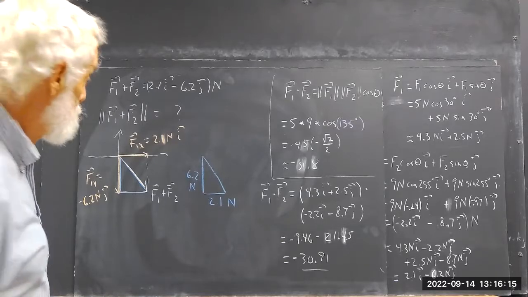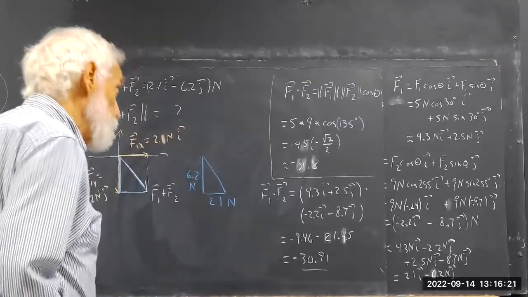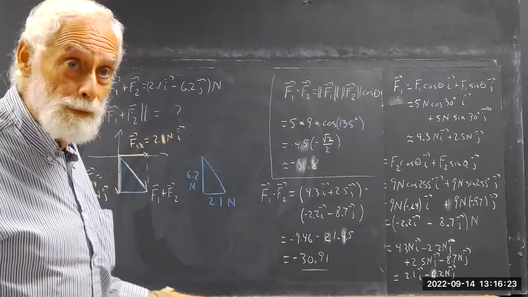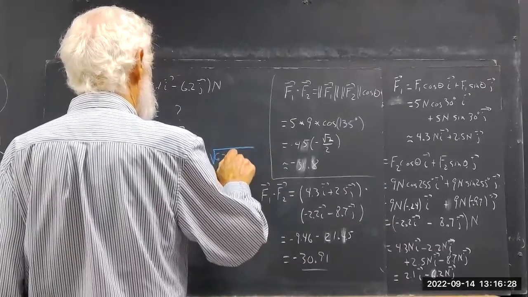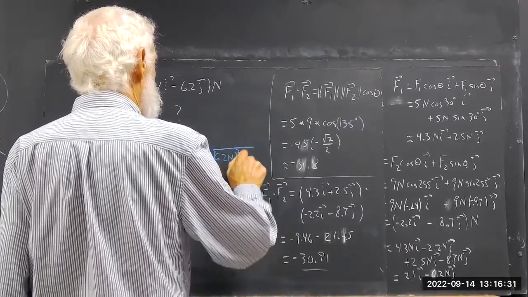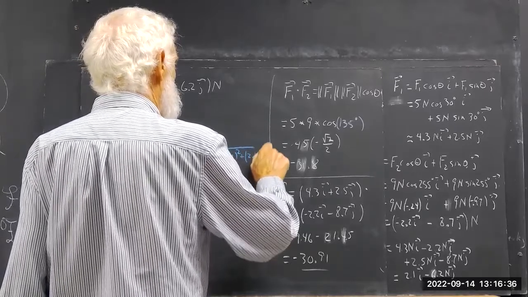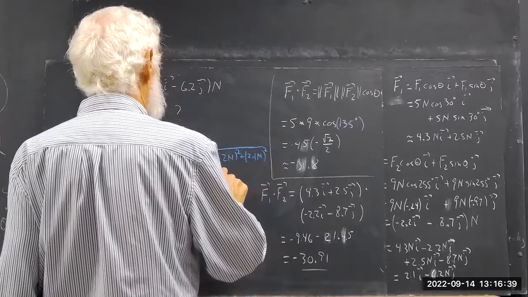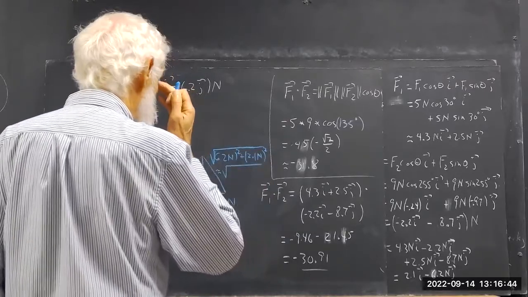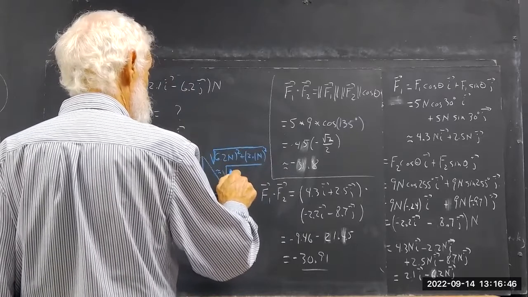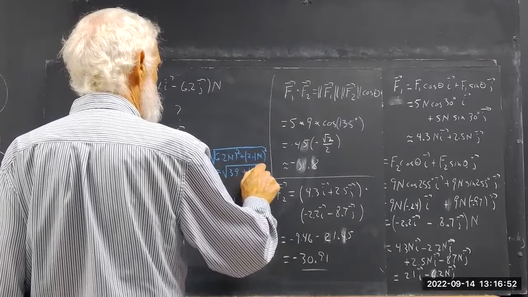So magnitudes are represented by this side. How do you calculate that? You use the Pythagorean theorem. This side is the square root of 6.2 newtons squared plus 2.1 newtons squared. And that's approximately equal to the square root of about 39 plus 4.4.